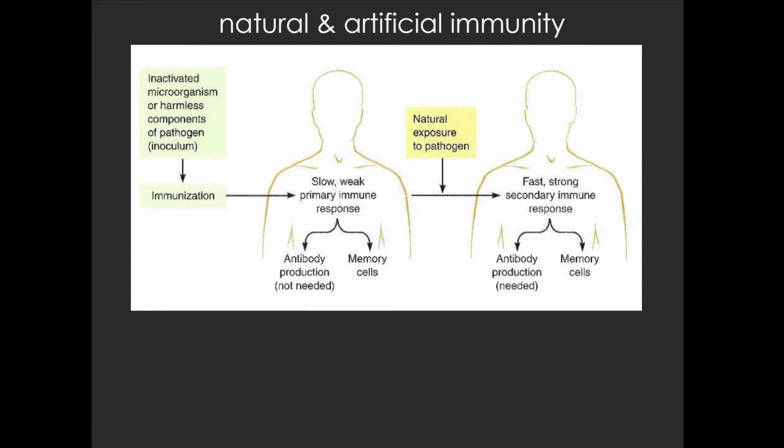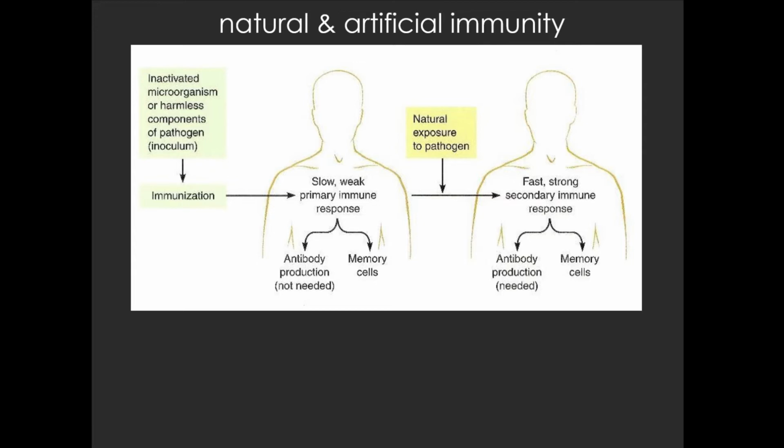And in that way, when the person is exposed to the natural pathogen, their immune system is already familiar with it, already knows what to do about it. And so you get that fast, strong secondary response where you get antibody production and T cell response, and the response is so quick and so strong that the person doesn't even notice that they've been exposed to that pathogen.